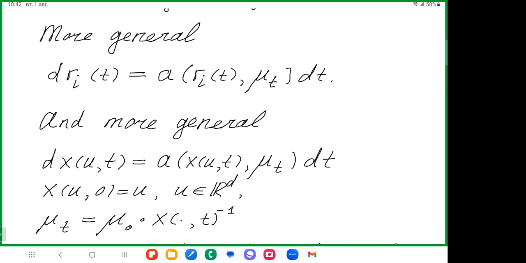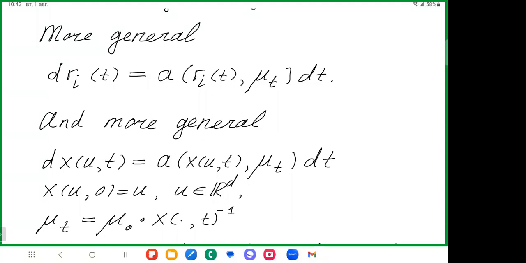Now it is not important how large the number of these particles is. We make a step to the equation for all points in our space. Now we get a flow x.